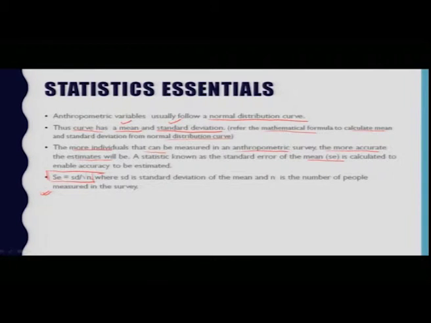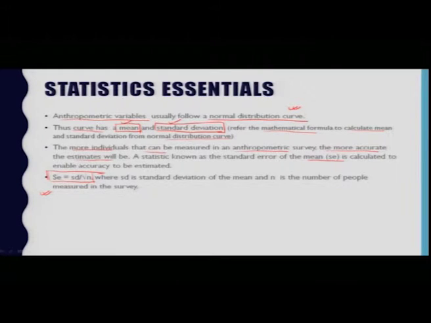Anthropometric variables in a healthy population usually follow a normal distribution curve. To understand the normal distribution curve better, there are two key parameters of the normal distribution, which are the mean and the standard deviation.